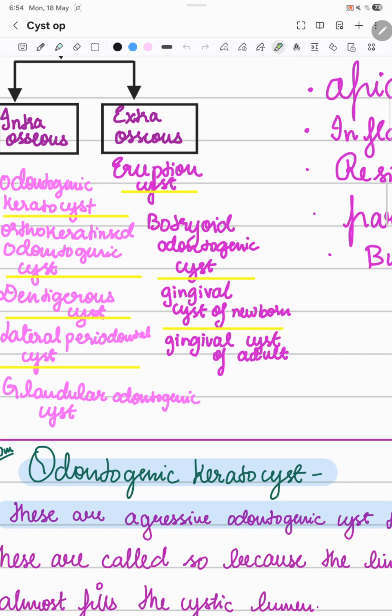Okay, then next is your extraosseous. How I remember this is by the mnemonic BEG. Okay, BEG stands for, B stands for your botryoid cyst, E stands for eruption cyst, and both the G stand for gingival cyst of newborn and gingival cyst of adult.